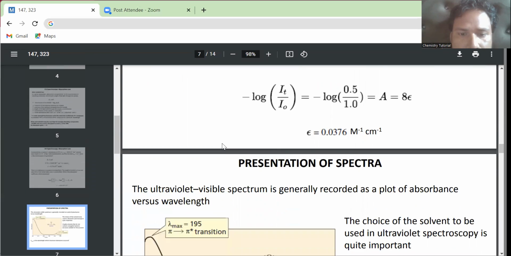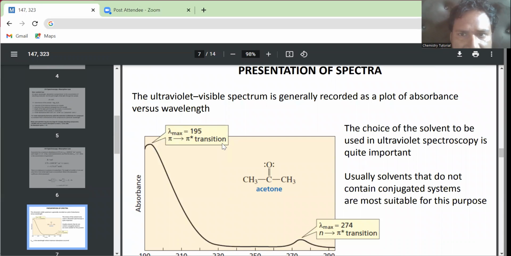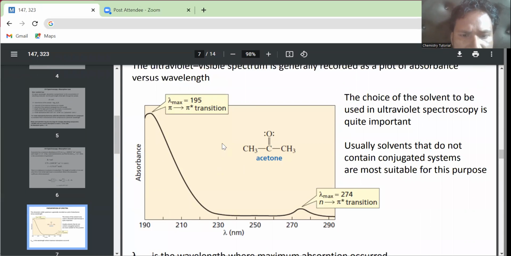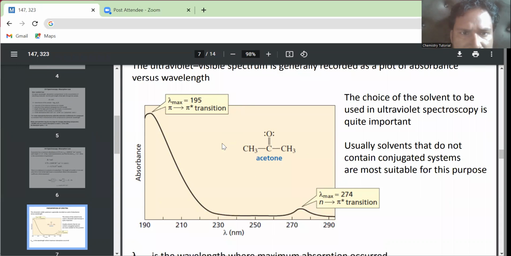Next, presentation of spectra: how you can present this graph. The ultraviolet-visible spectrum is generally regarded as a plot of absorbance versus wavelength.